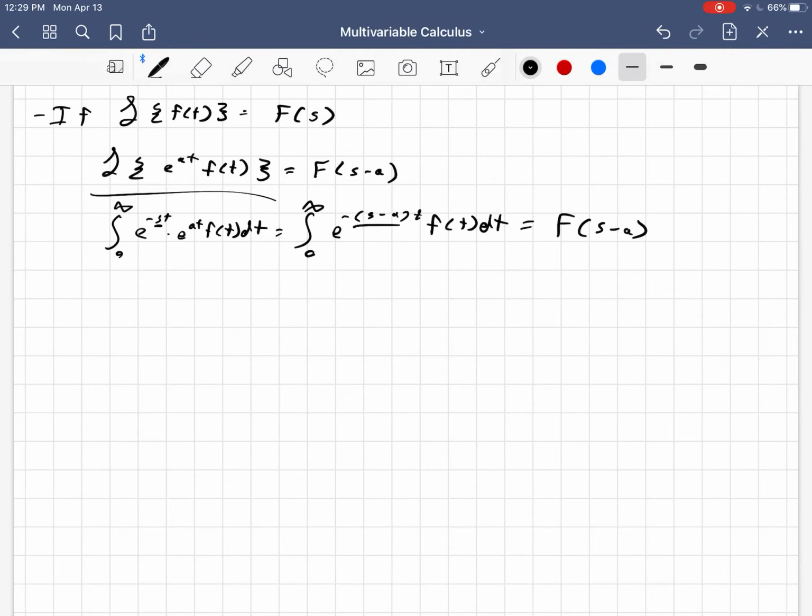In other words, that's the Laplace transform. See, where there was an s, we just plugged in an s minus a.